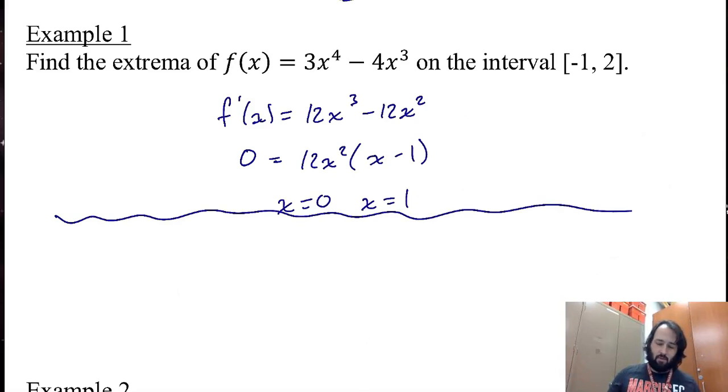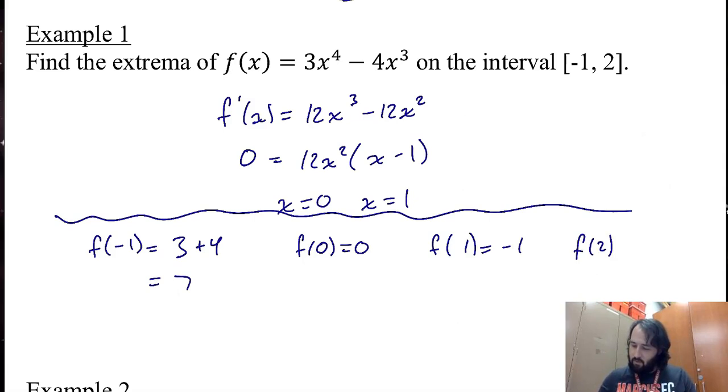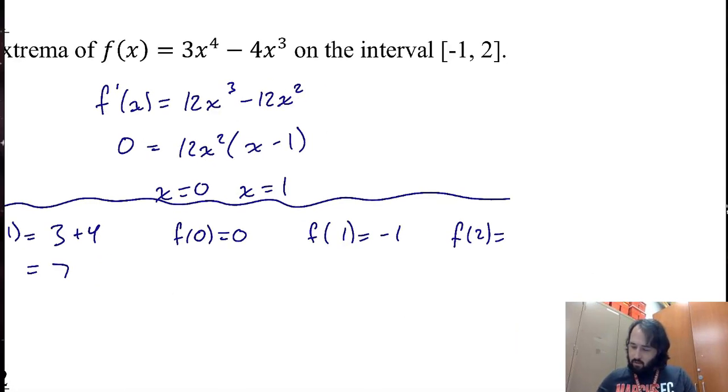So now, to check the extrema, f of -1, do the plug-in thing, right? So I have 3 plus 4 would be 7, and f of 0 would be 0. f of 1 is -1, and f of 2 I need to do a little bit more work for.